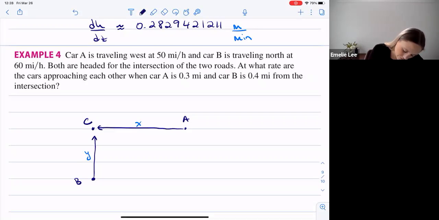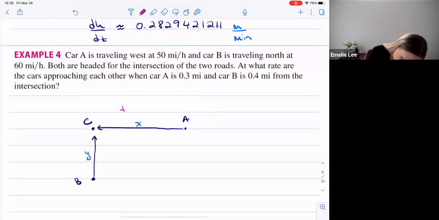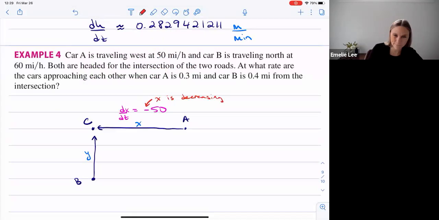So the rate here, dx/dt, is negative 50 because X is decreasing. I'm not going to put units on there, but it's miles per hour. So X is in miles and time is in hours.